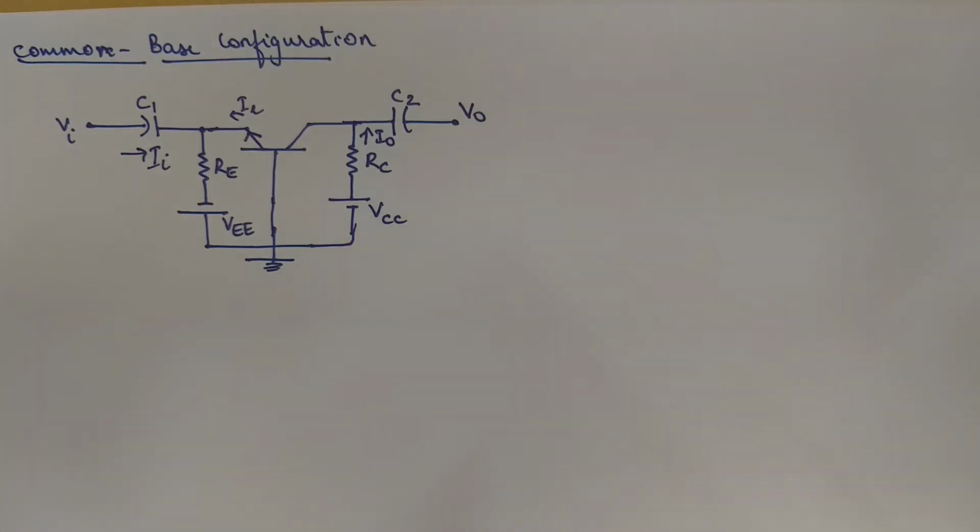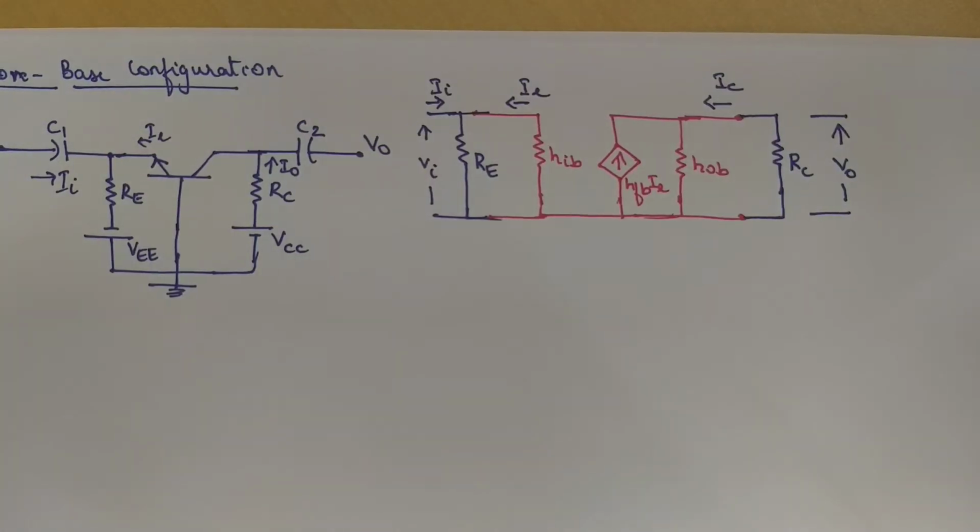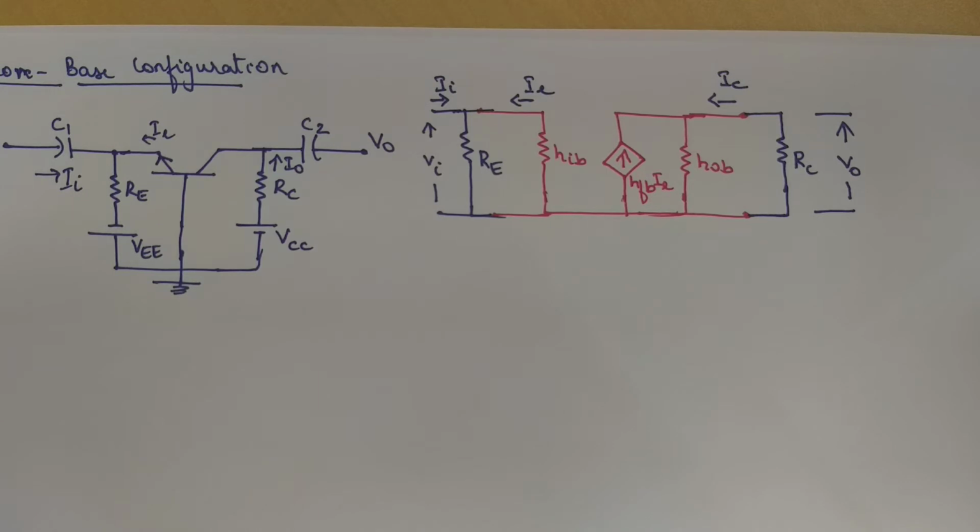So in terms of common base configuration, we will now draw the equivalent circuit. We have drawn the equivalent model here, and in common base configuration, base is common to both the input as well as the output side.